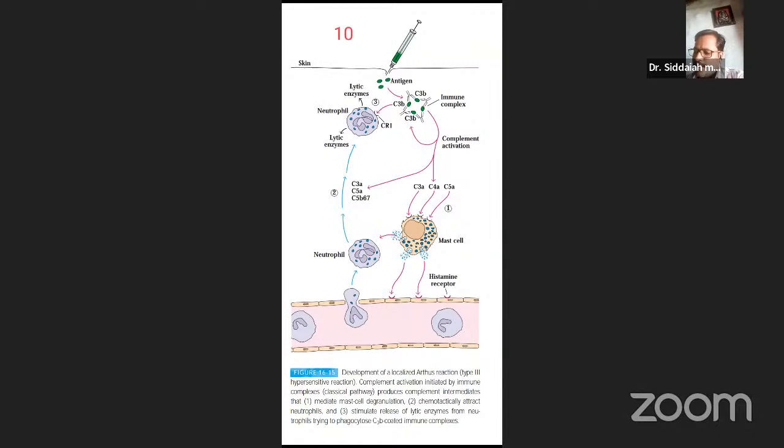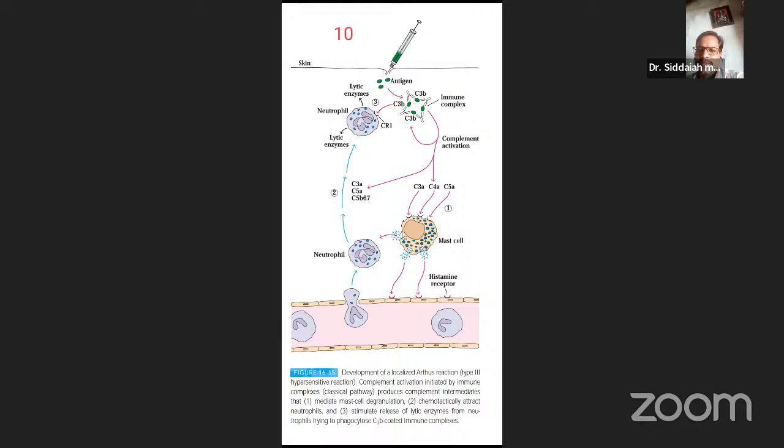For the elimination process, when the immune complex is formed and settles in the specific organs, it is recognized by complement proteins, for example complement protein C3a, C4a, C5a.